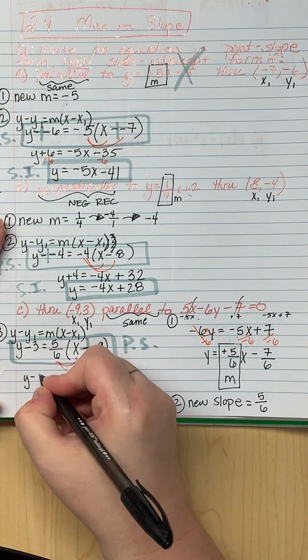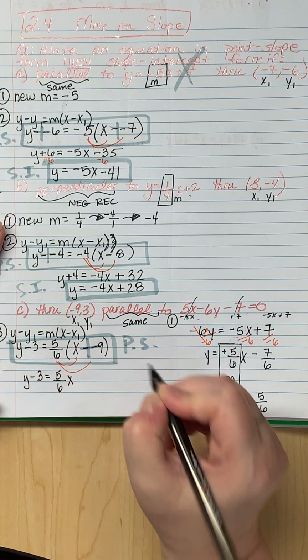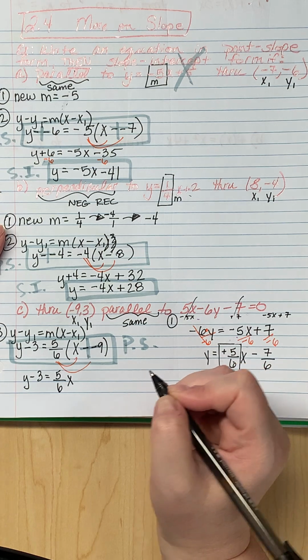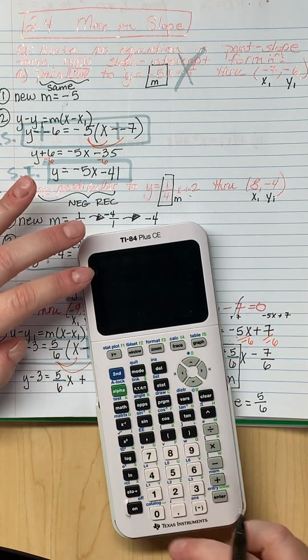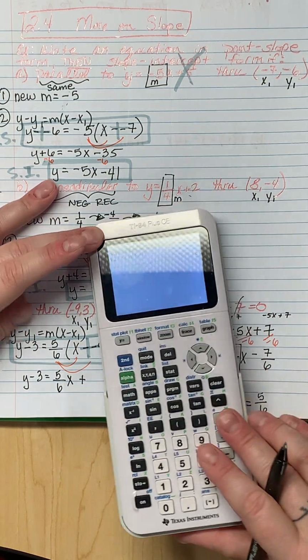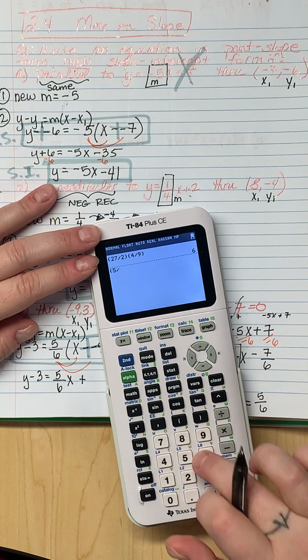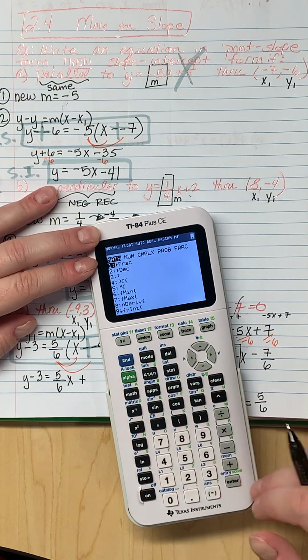So you get y minus 3 equals 5 over 6x plus 15 over 2, maybe? Let's see. 5 over 6 times 9.